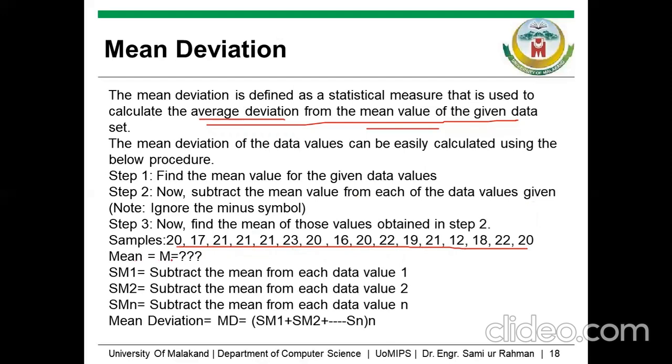So the mean is m, and the subtraction of the mean from value 1, this is what I already said. So we will compute these values for all the samples. And for the mean deviation, we will take the mean of these values, so this will be the mean deviation.